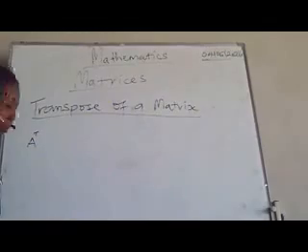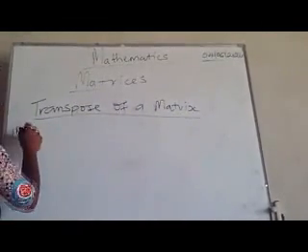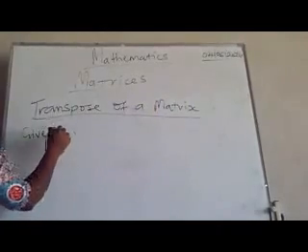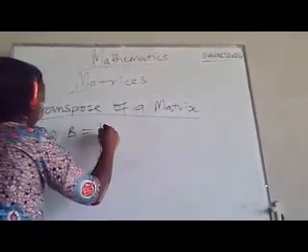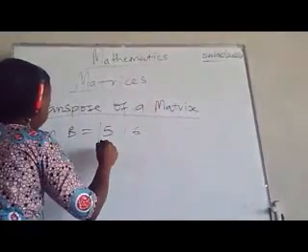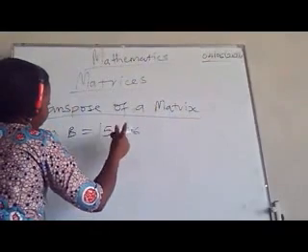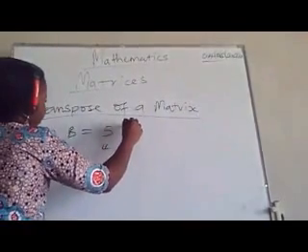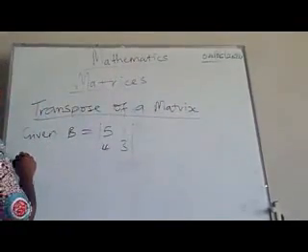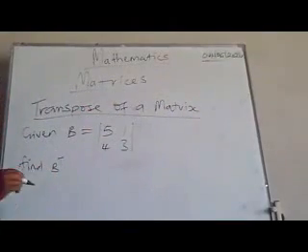Example. Given that matrix B is 5, 1, or rather, let me give you a 2 by 2 matrix, 4, 3. And you have to find B transpose.